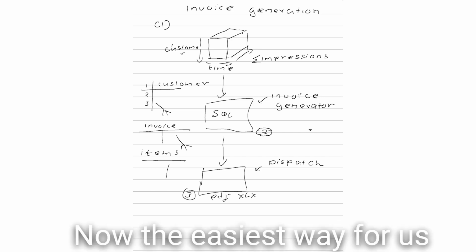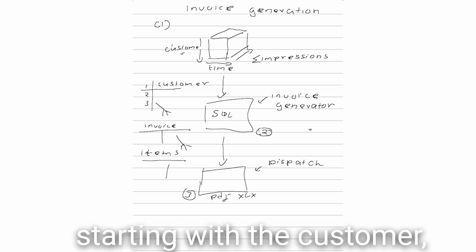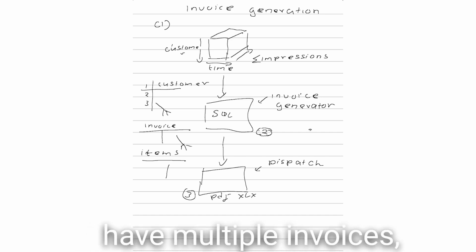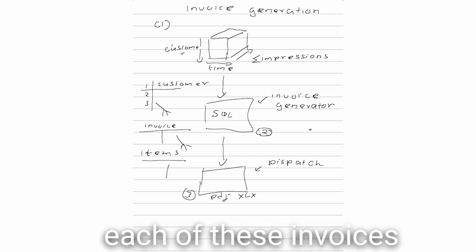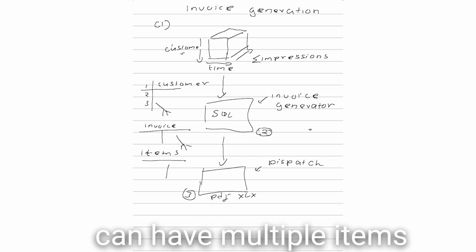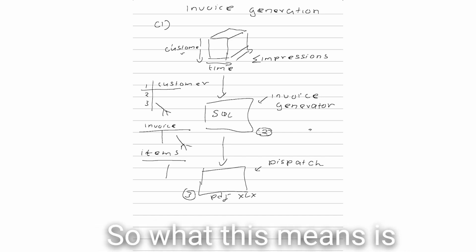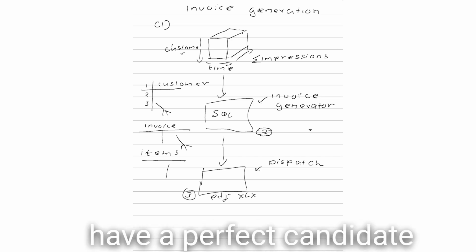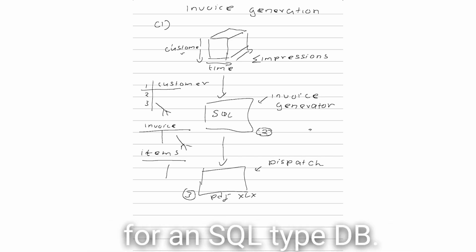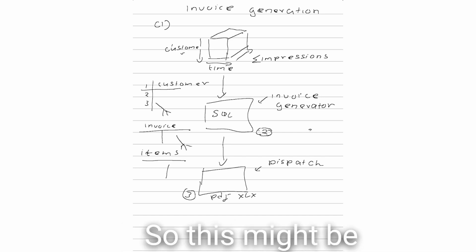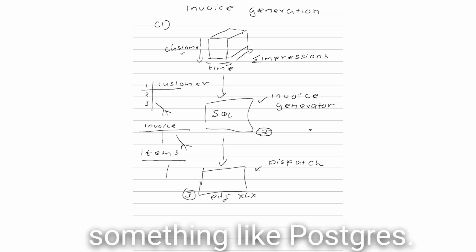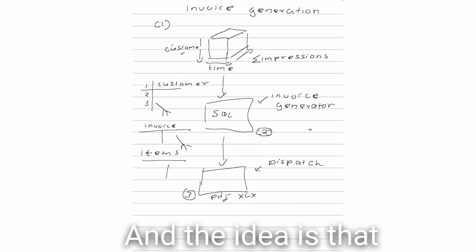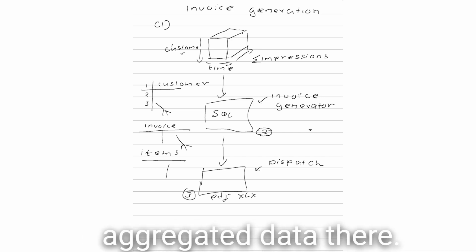Now, the easiest way for us to go about this is maybe starting with the customer. Maybe the customer can have multiple invoices. Each of these invoices can have multiple items, and so on and so forth. So what this means is that you find yourself in a situation where you have a perfect candidate for an SQL type DB. So this might be something like Postgres, and the idea is that you'd store this aggregated data there.